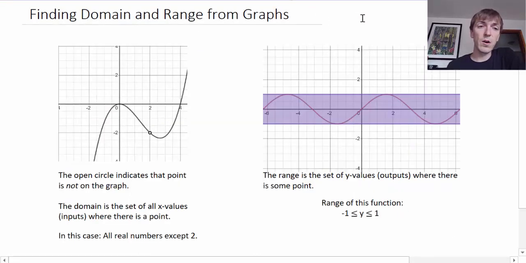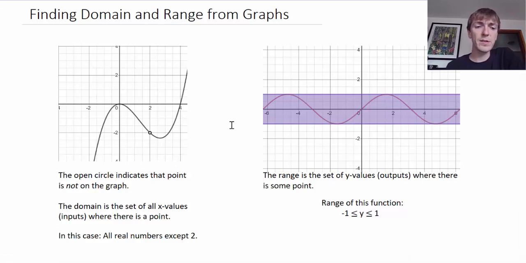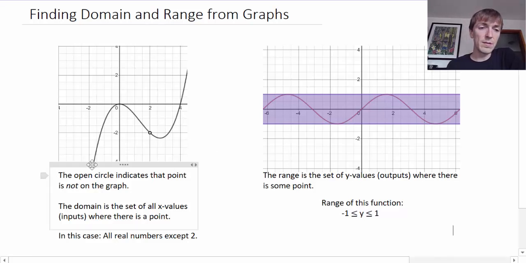Okay. So we can use graphs to compute domain and range, which we've seen before in this class. I have two examples here. On the example on the left, I want to talk about finding the domain. So what is the domain? Well, it's the set of all x values or inputs where there is some point on the graph. What this graph is communicating is that there is no point on the graph corresponding to x equals 2.